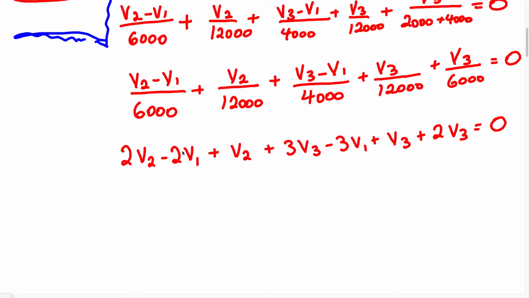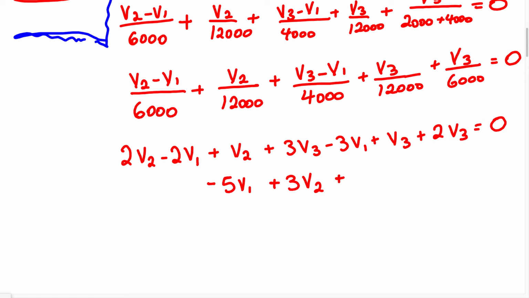We're going to have a negative 2V1 and a negative 3V1. When we combine that, we get negative 5V1. Then we have 2V2 plus V2, so that's going to give us plus 3V2. Then we have 3V3 plus V3 plus 2V3.